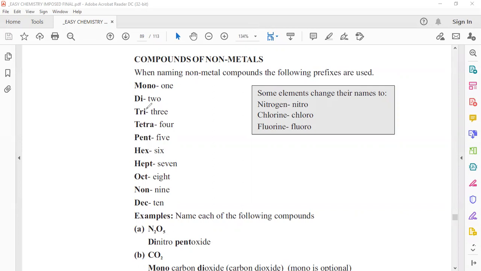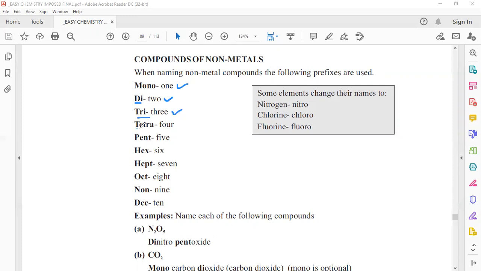In chemistry, we're going to look at the meaning of some of the prefixes that we encounter in the naming of chemical formulas. We have mono, that means one. Di means two. Tri means three.